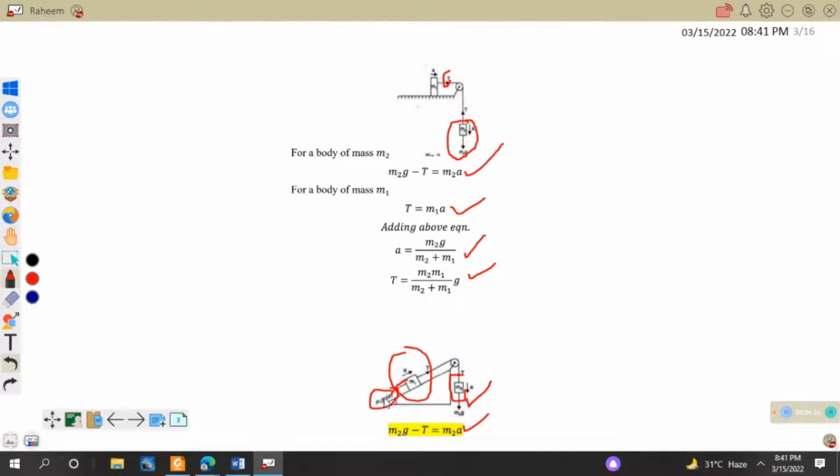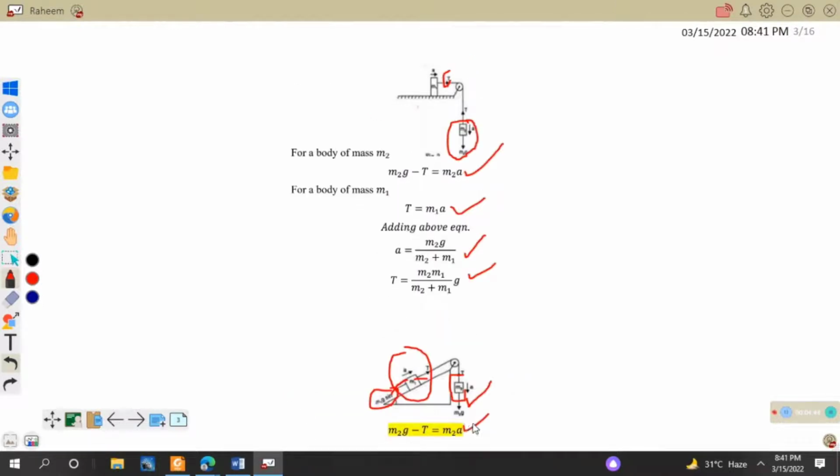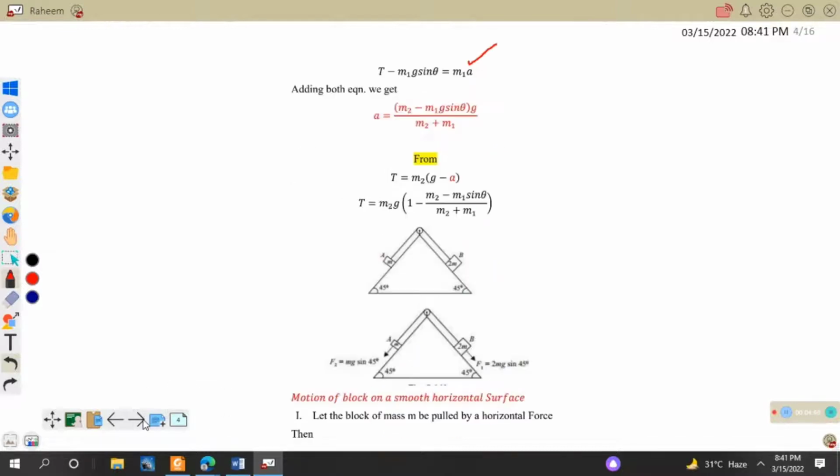So we will write M1G sin theta minus T, equal to M1 into A. Again we have two equations: tension minus M1G sin theta equal to M1A for the inclined case, and M2G minus T equal to M2A for the vertical case. Adding these equations, we get acceleration equal to M2 minus M1 sin theta, over M1 plus M2, into G.